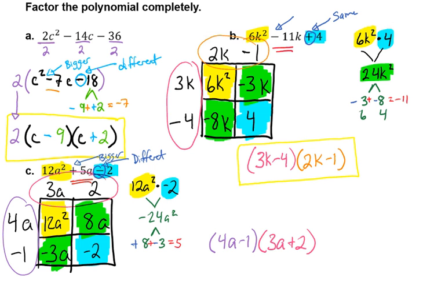It still would be the same. And so these are my factors of 12a squared plus 5a minus 2. And so that is how you can factor trinomials when the leading coefficient isn't a 1.